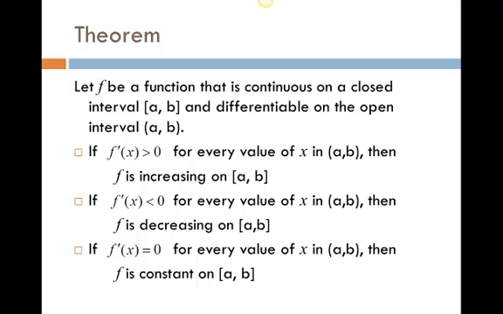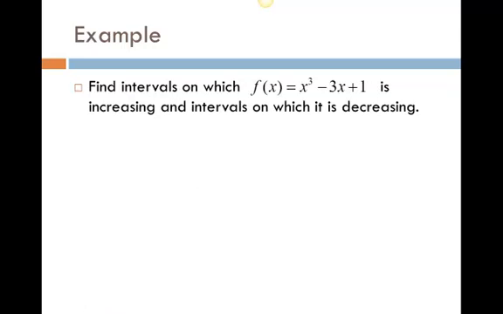Okay, so how are we going to use that to figure out whether a function is increasing or decreasing? And so let's start with a pretty simple cubic function, right? If you graph this, you might want to do that, just plug it into your calculator and graph it. You know what a cubic function looks like, and you'll see where it's increasing and where it's decreasing.